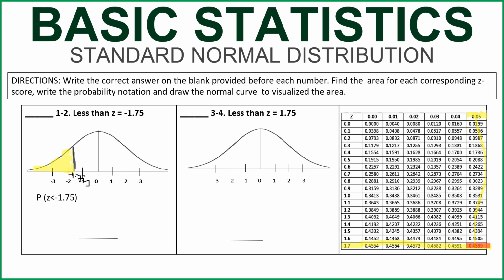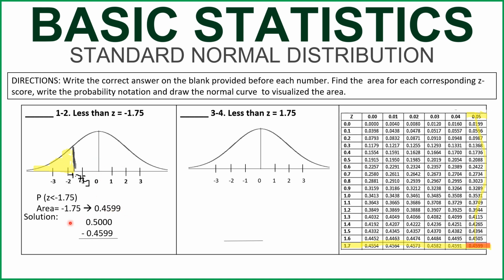0.4599. Now, the question, will you add or subtract 0.5 to 0.4599? So the question there is, does it touch the mean? Of course not. That's why you will subtract. So for the solution, we have 0.5 minus 0.4599.